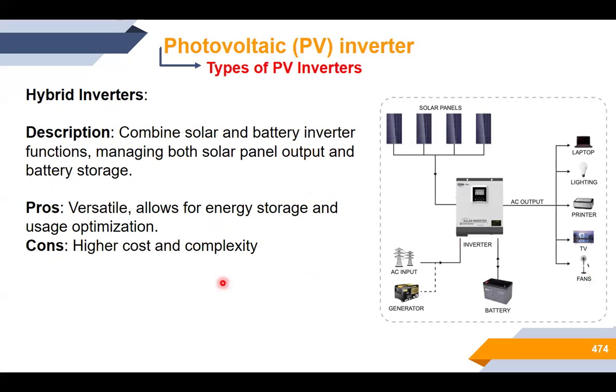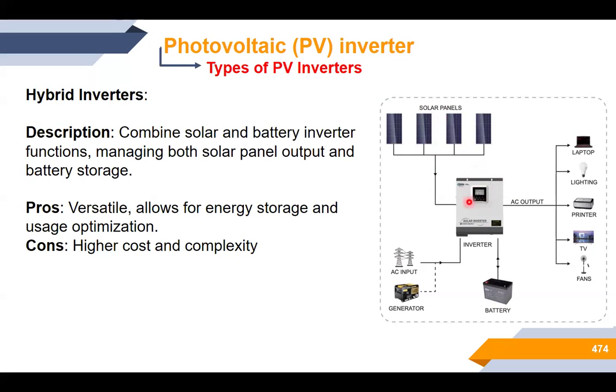The last topology, and an important one, is the so-called hybrid inverter. A hybrid inverter can work as an inverter and as a regulator in the PV system. As you can see, we have the solar panels connected in a PV generator.